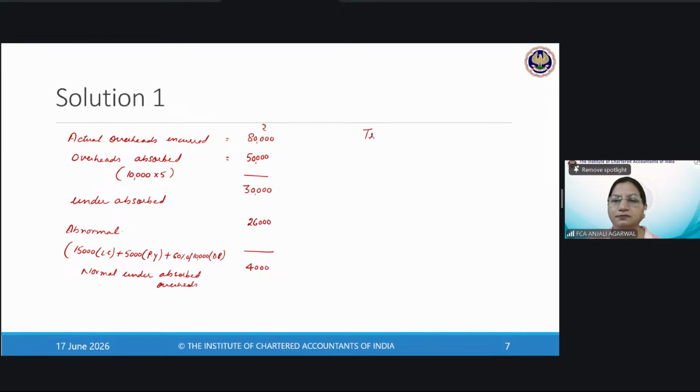Treatment: the abnormal overheads should be charged to costing P&L account.